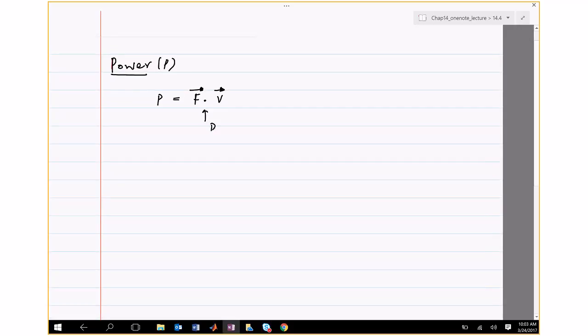Power is denoted by P, and that is the force, which is a vector, dot with the velocity. Force and velocity are vectors, but if you take the dot product, you end up with a scalar. So that's a single number.